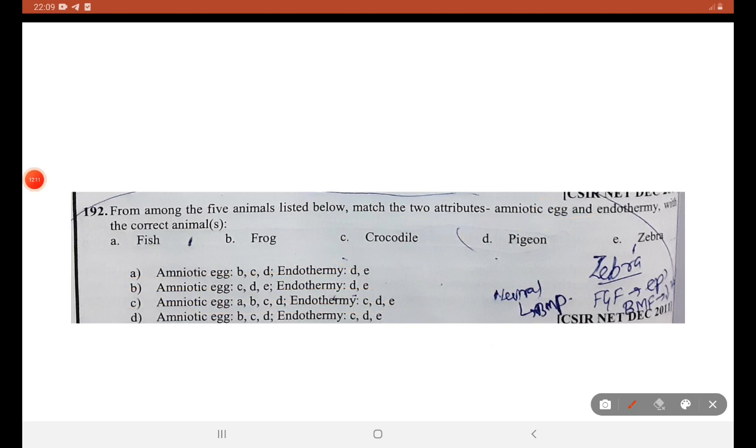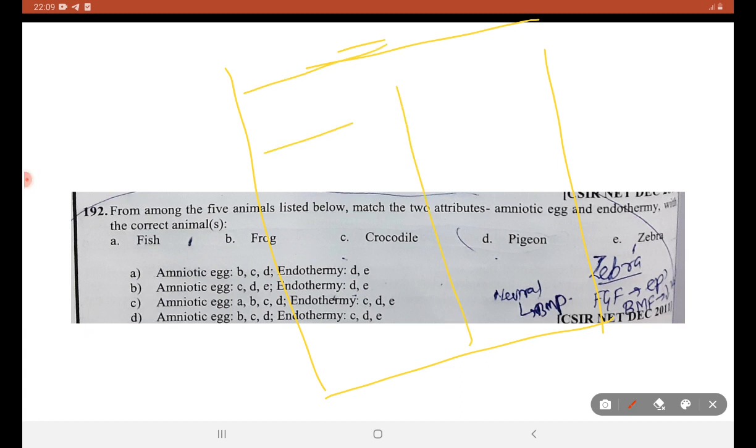Let me bring you a chart explaining two things: amniotic egg and endothermy.